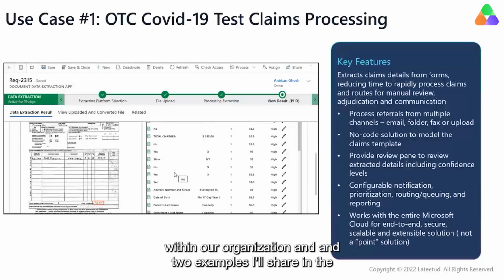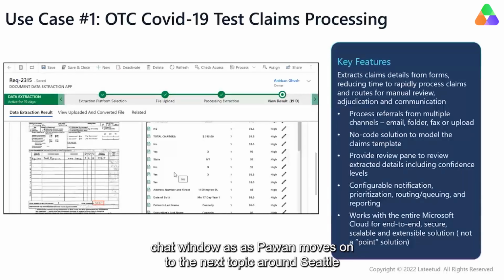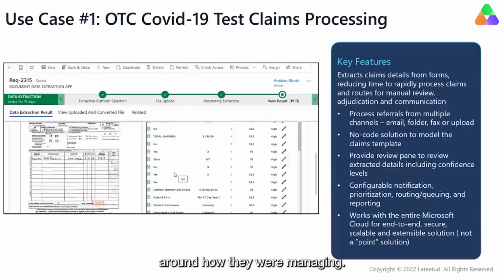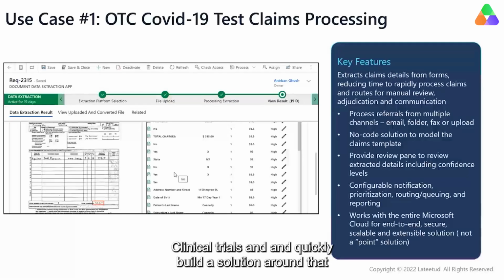And two examples I'll share in the chat window as Pawan moves on to the next topic: Seattle Visiting Nurse Association, how they quickly spun up a vaccine delivery process. And also for our Pharma Life Science Health Solution audience, Novo Nordisk did a great interview around how they were managing clinical trials and quickly built a solution around that during the pandemic.